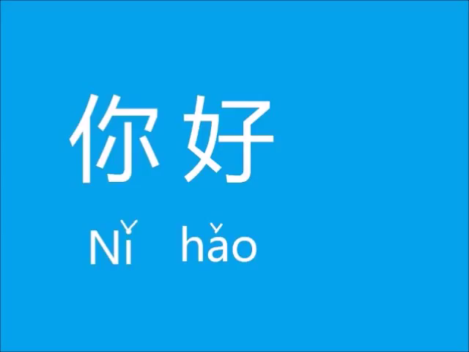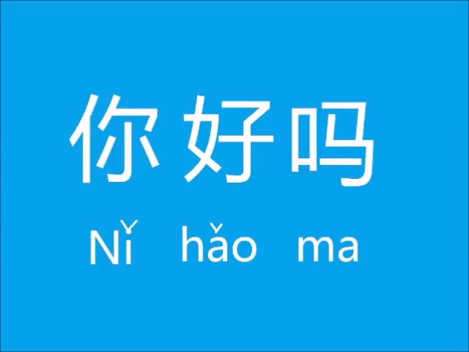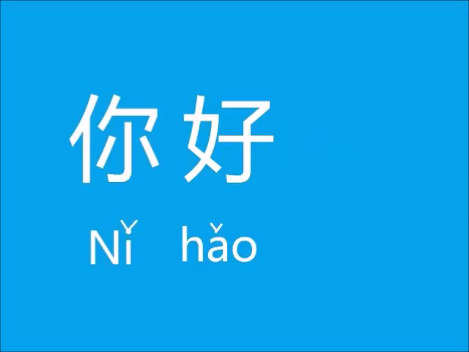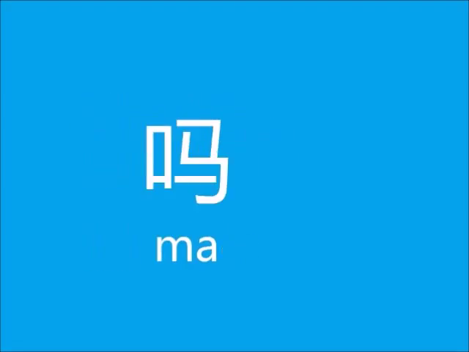Now, interestingly enough, the way you say, how are you, is ni hao ma. So we already know that ni hao means you good, but what does ma mean? Well, let's take a look at ma. So in English, when you change a statement into a yes or no question, you flip the subject and the verb. So for example, you are good, you change to are you good, or are you okay?